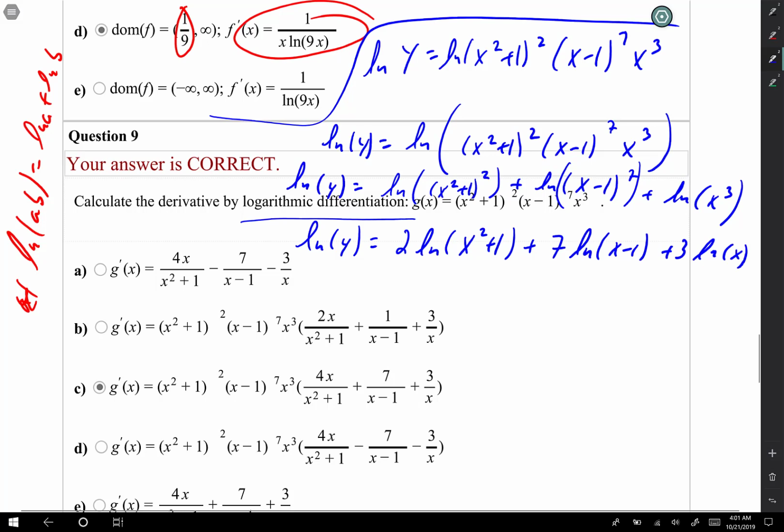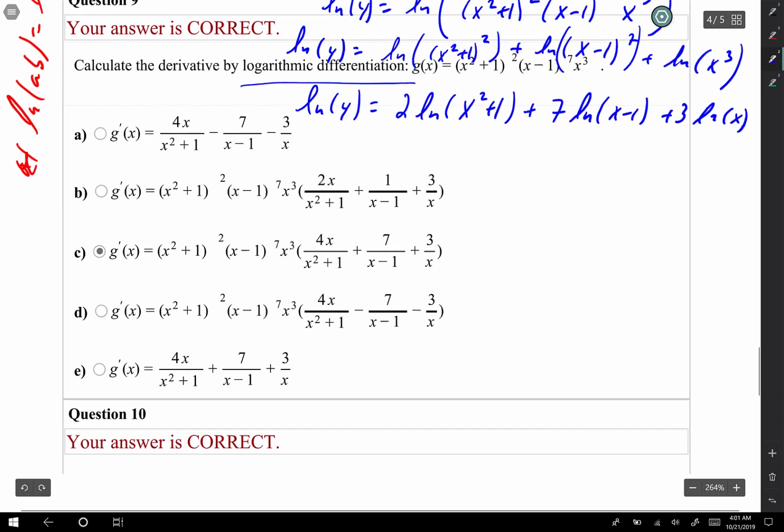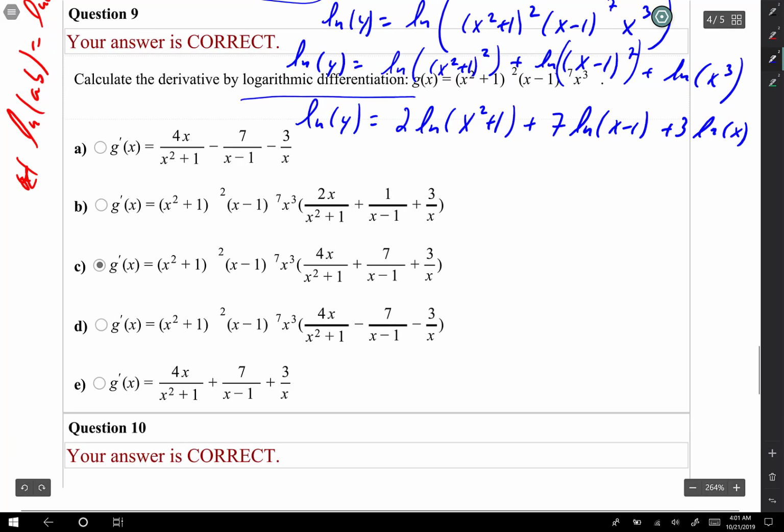So the derivative of this is 1 over y dy dx is equal to 2 times 1 over x squared plus 1 times 2x, plus 7 times 1 over x minus 1 times 1, plus 3 times 1 over x times 1.